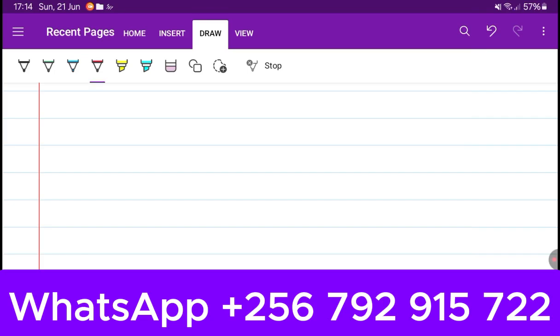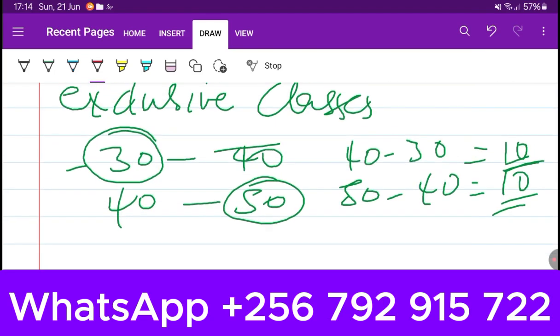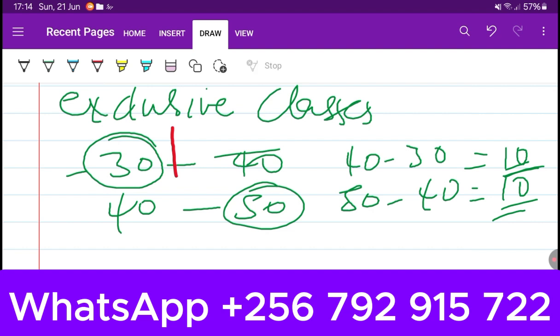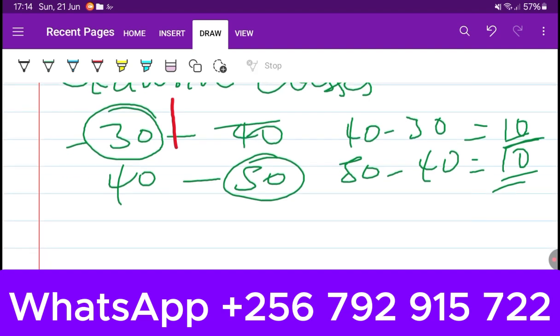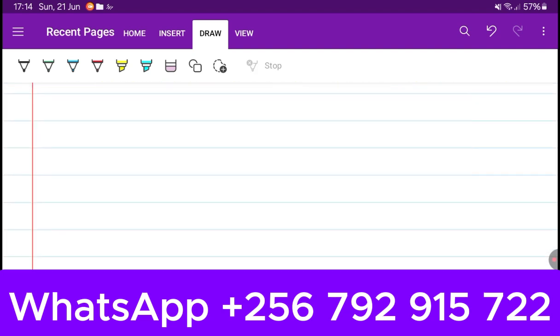So let's now look at what we call the range as another terminology. Range. Of course, we know range is just the difference between the maximum and the minimum data values or data entries.